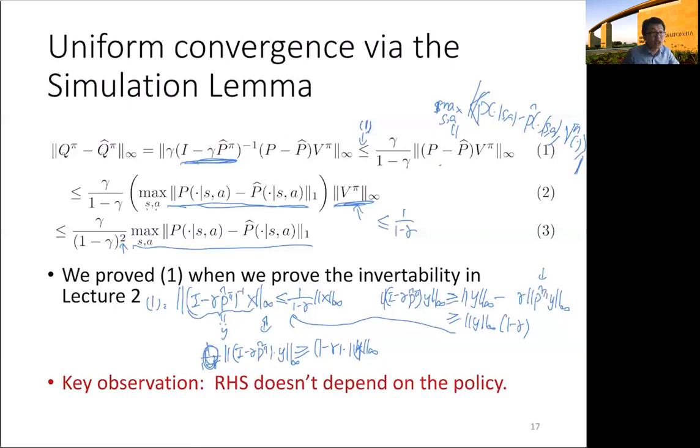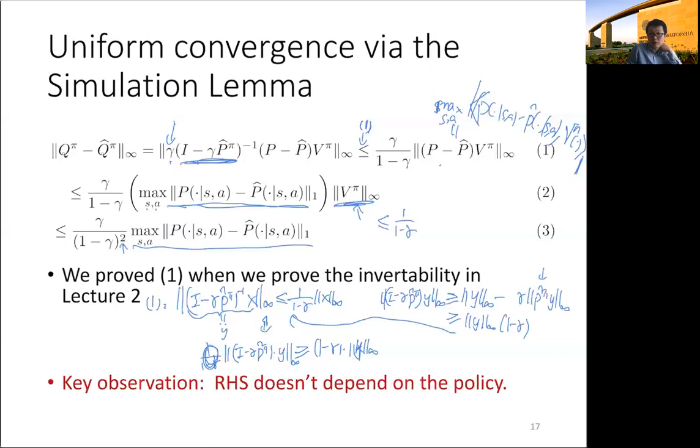So there's a question: did we omit gamma intentionally in the first line of the proof? Are you talking about this gamma? Yes. Yeah, we didn't omit it. The gamma is extracted outside the L infinity norm, right?